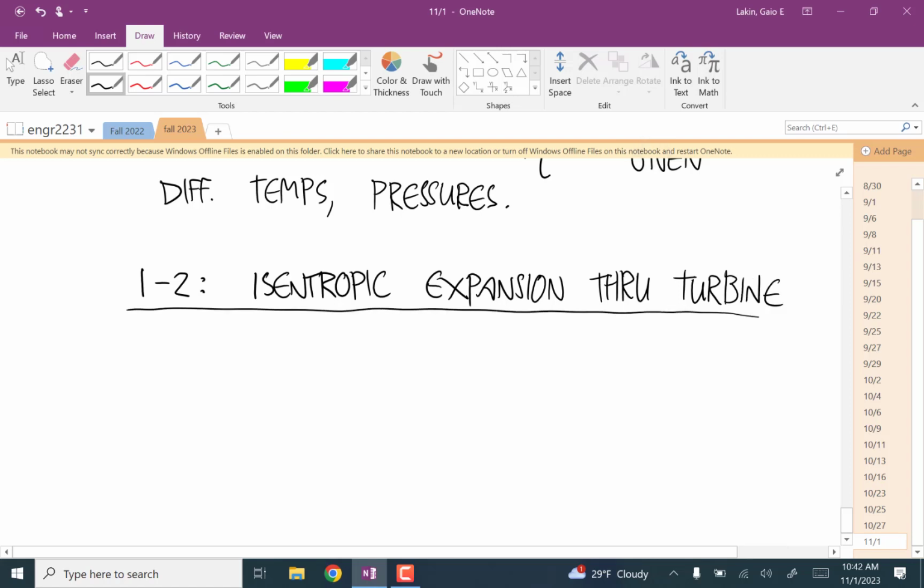All of these processes, we're going to do control volume approach. So we're always going to start with the control volume first law.